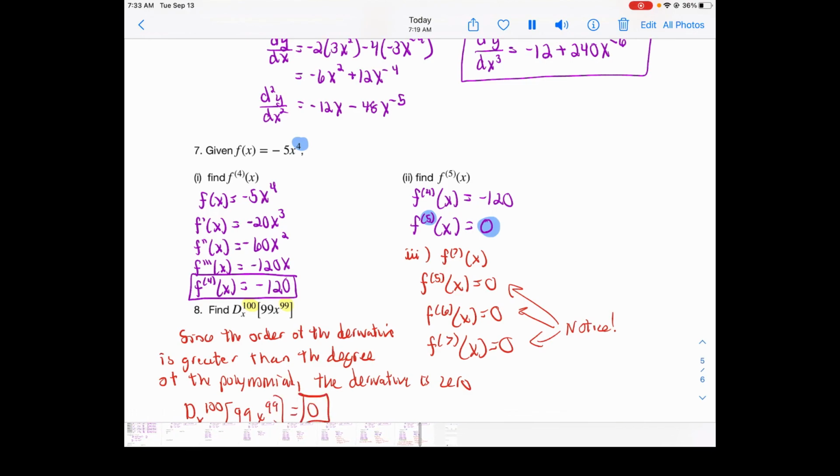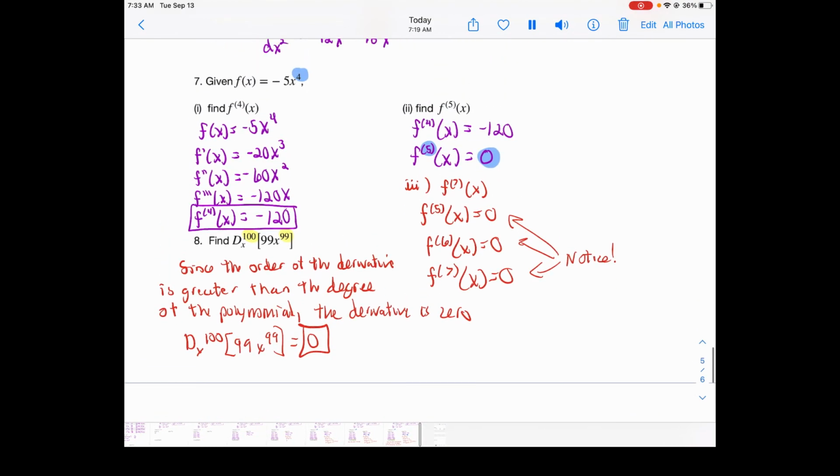And I don't have to do all the work in between. I don't have to do that 100 times, because who wants to find the derivative 100 times? So that's a nice pattern to recognize as you're working through this.